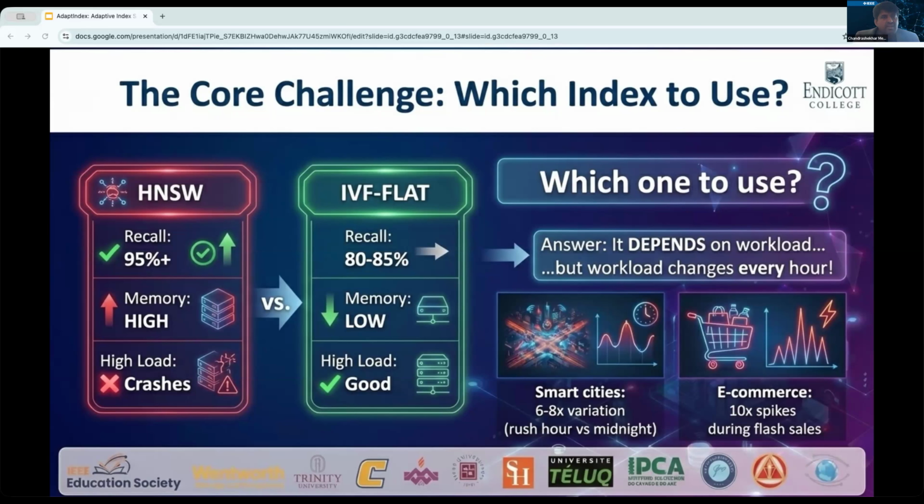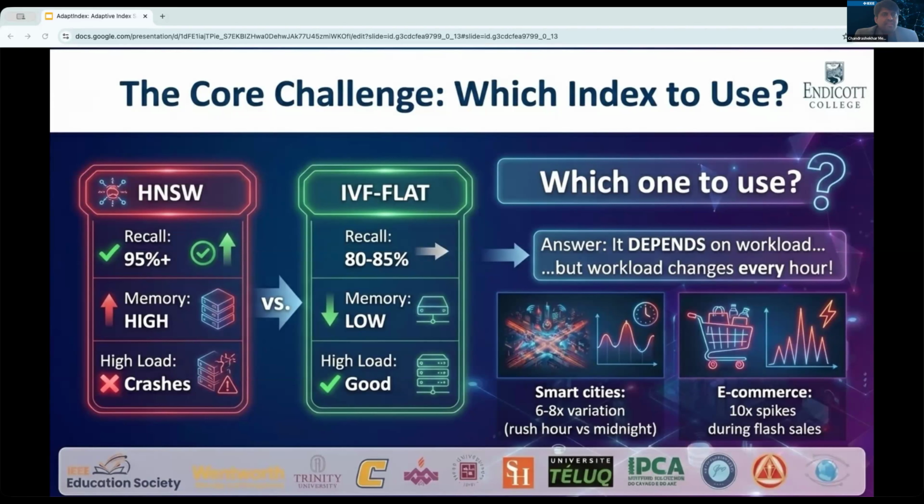Another index type is IVF flat, inverted file flat, which is memory efficient, consumes low memory and handles traffic spikes as well, but it sacrifices 10 to 15% accuracy. Which should you use? Well, it depends on the current workload: low traffic, use HNSW for quality, or high traffic, switch to IVF to survive.